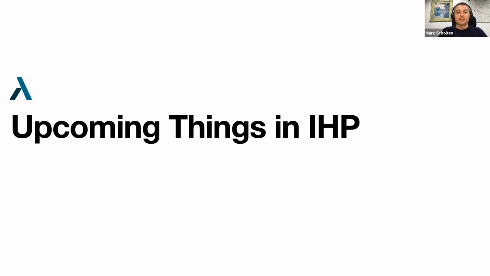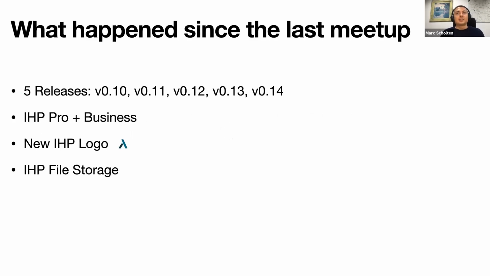First, we can do a short review of what happened since the last meetup, because the last meetup was before summer, and it's been quite a while. Then there were the summer holidays, and we moved the last meetup, so there were actually quite a few releases since then, which is pretty cool.